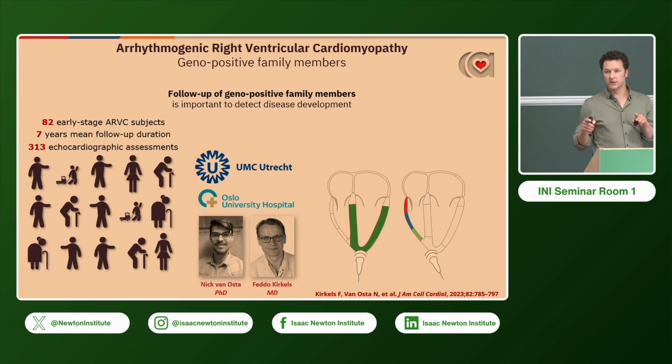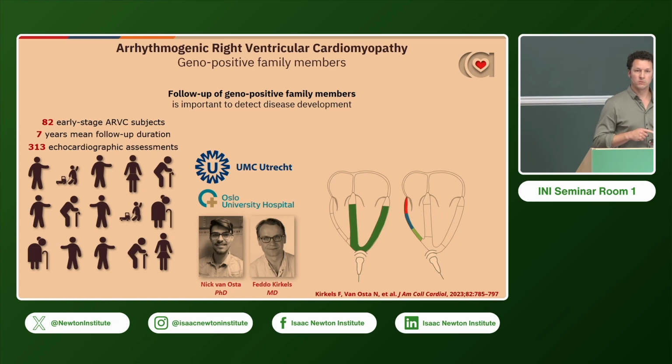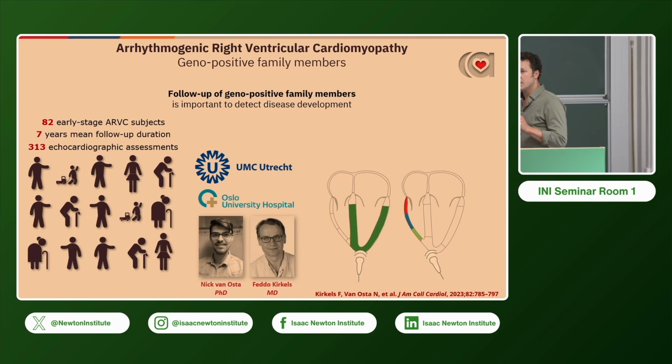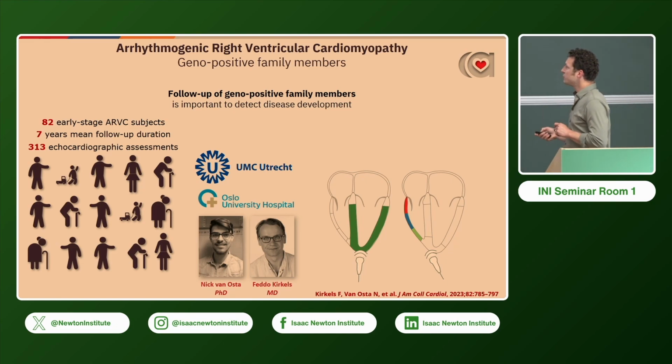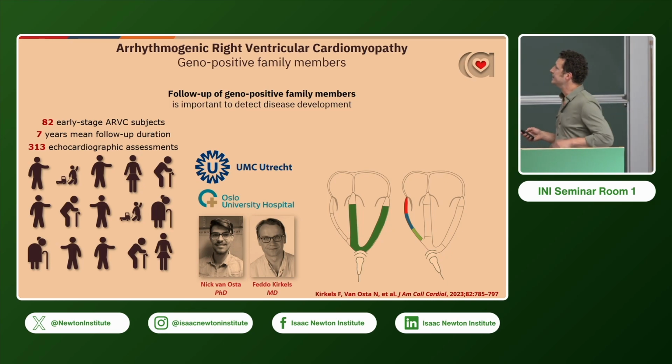That means those are genopositive subjects that came out of family screening. They have normal ECG, normal Holter, normal MRI, and we had echoes because those groups are just interested in echoes. So we decided to make digital twins of all these echoes to see if we see an evolving disease over time.